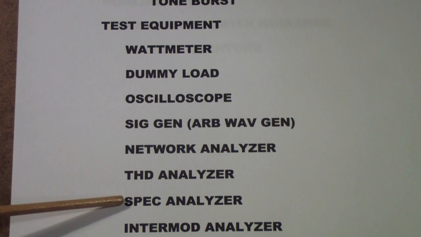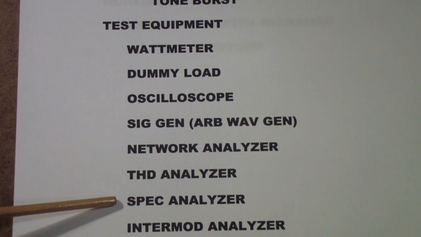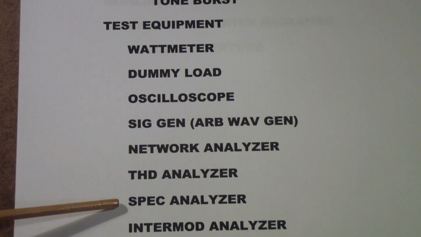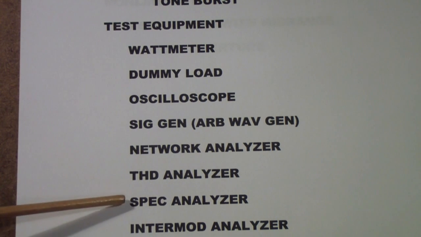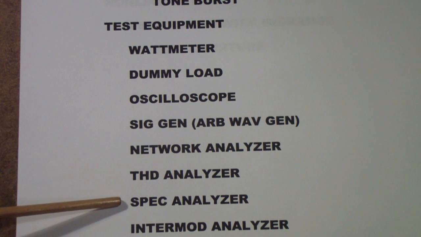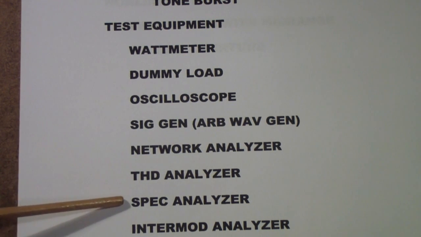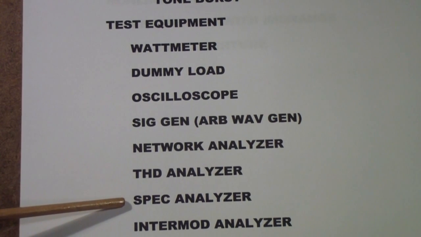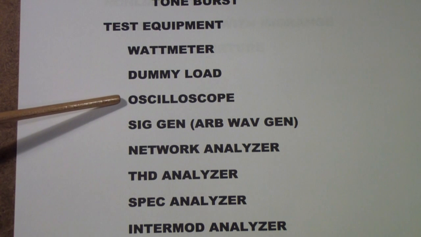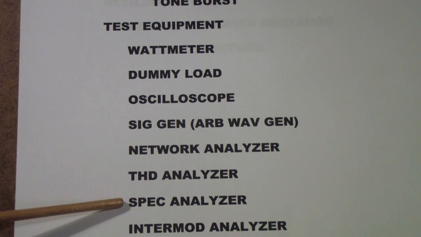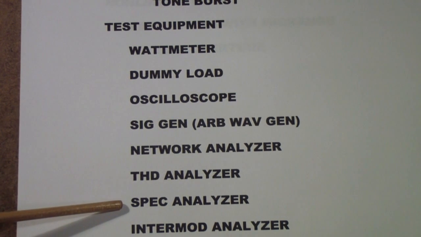One of the problems with most spectrum analyzers today is they are designed for RF work, and while some of them go as low as 9 or 10 kilohertz, what you really need is something that will go down to around 20 hertz or 40 hertz at the low end. For that reason, you might want to consider using an FFT function in an oscilloscope rather than buying a separate spectrum analyzer.